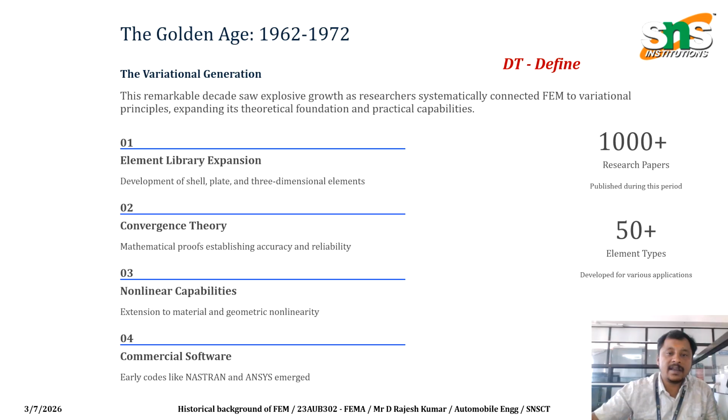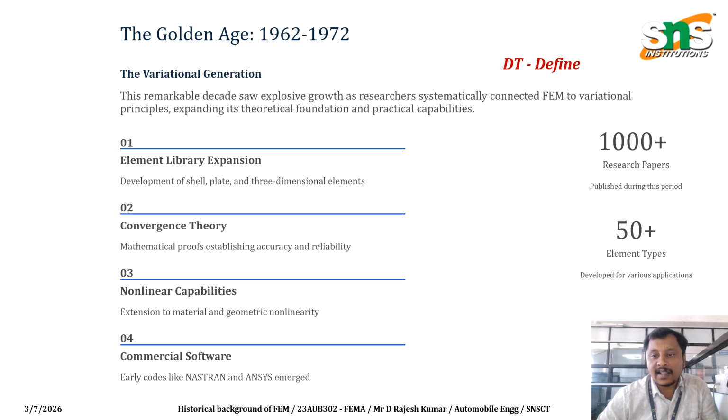So the decade from 1962 to 1972 is called the golden age of the finite element. Why? Because the element library expansion, the convergence theory, the nonlinear capabilities, and commercial software were all developed during this period.